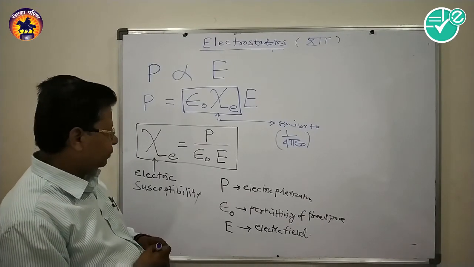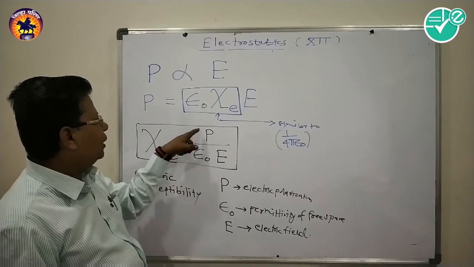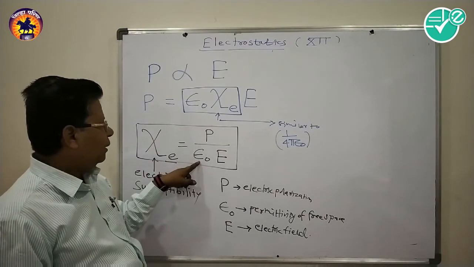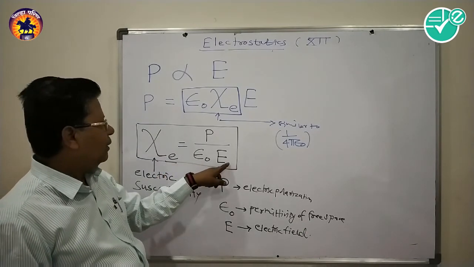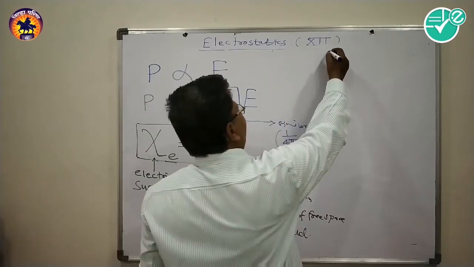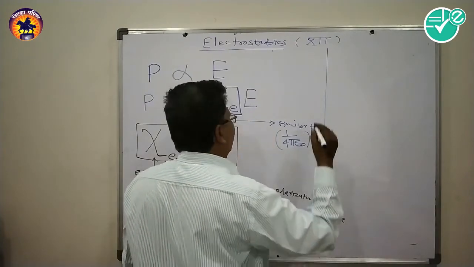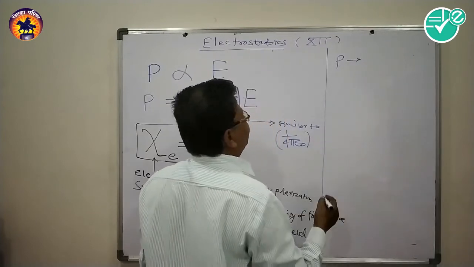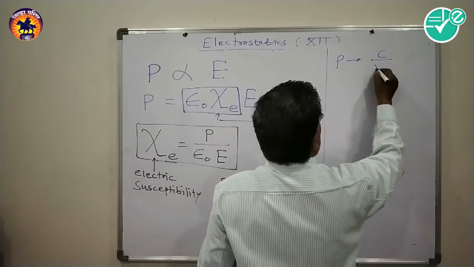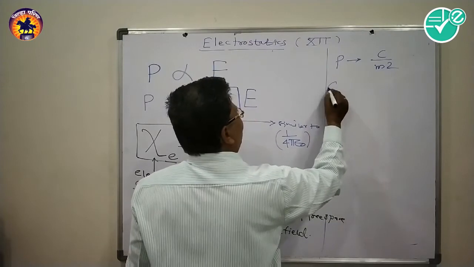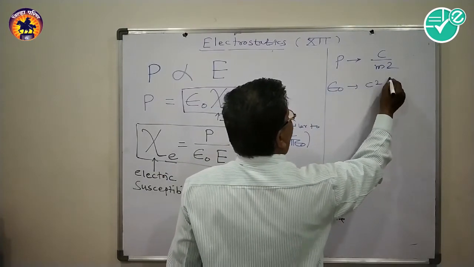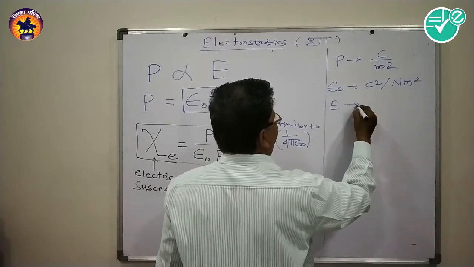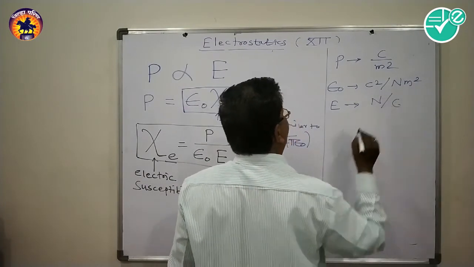If we substitute the SI units of electric polarization, epsilon 0 and electric intensity, that means the electric polarization P has unit coulomb per meter square, epsilon 0 has unit coulomb square per Newton meter square, and E has unit Newton per coulomb.